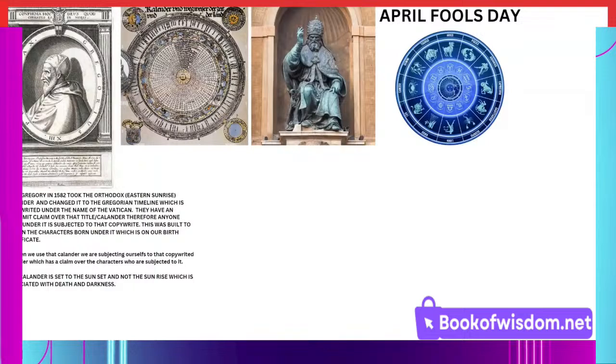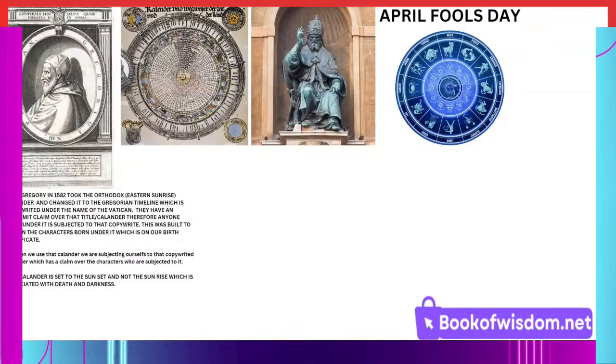Therefore, anyone who is born under this copyrighted timeline, not calendar, they are subjected to Rome, because Rome owns the timeline. They have a patent, a copyright for that timeline. What is on our birth certificates? That timeline. We are born underneath, we are subjected to the Vatican.